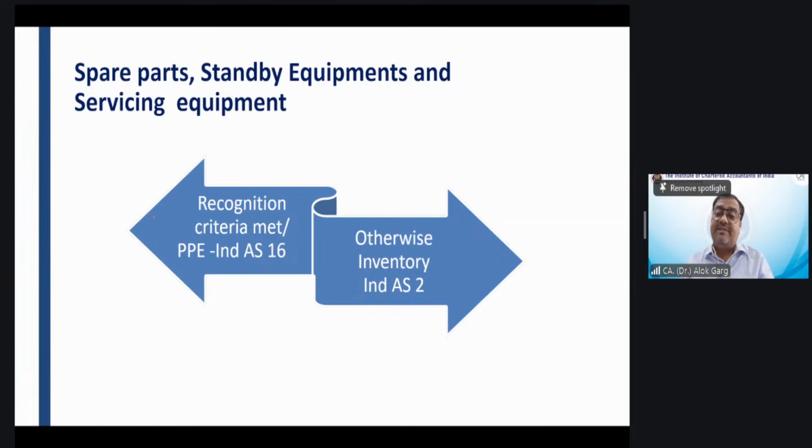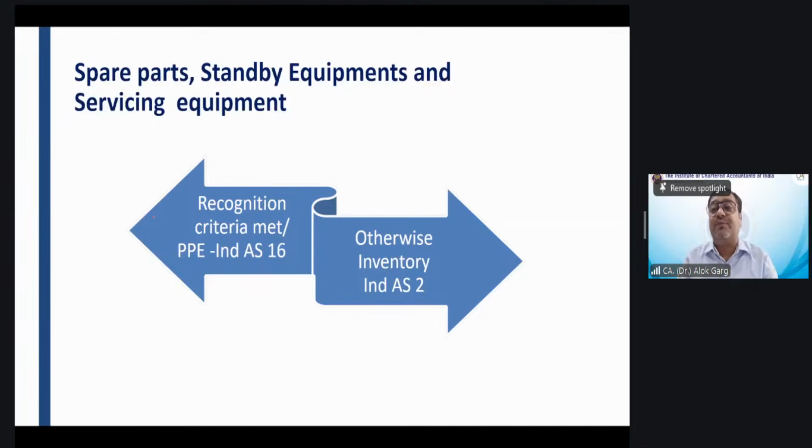For example, there is a spare part. The life of the spare part is only 2 months. In every 2 months, this spare part is going to be installed in the machine and the old spare part has to be deinstalled. Spare part cost can be measured reliably, yes.